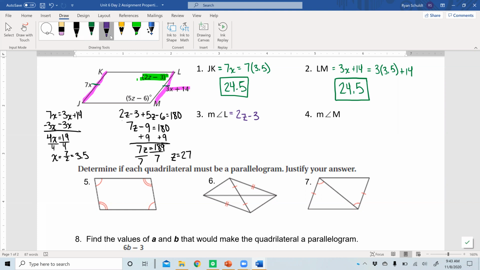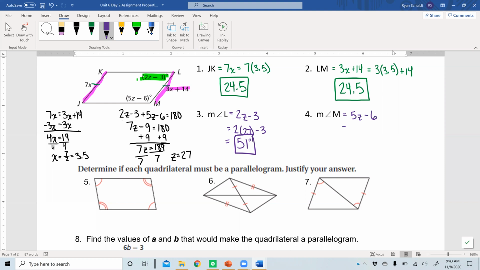So at this point, I can go and plug it in. 2 times 27 minus 3 for angle L, which would get me 51 degrees. For M, we know that M is 5z minus 6.